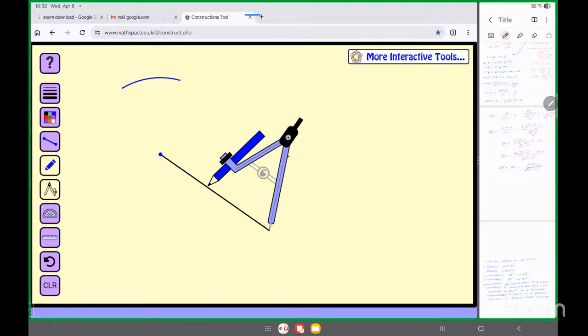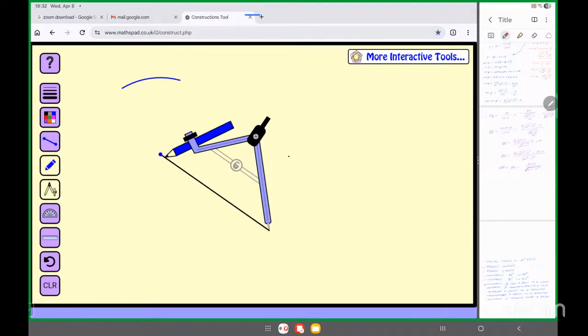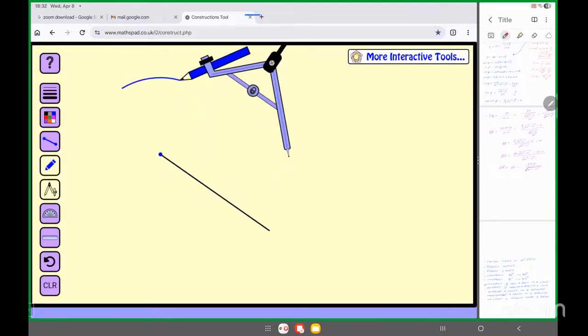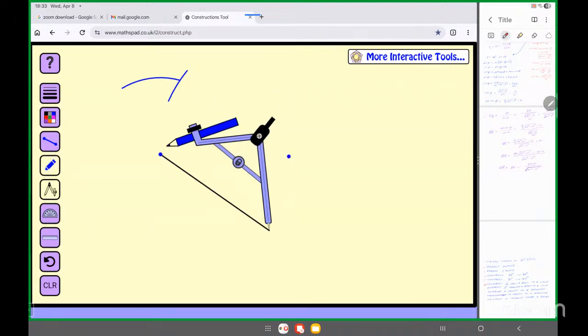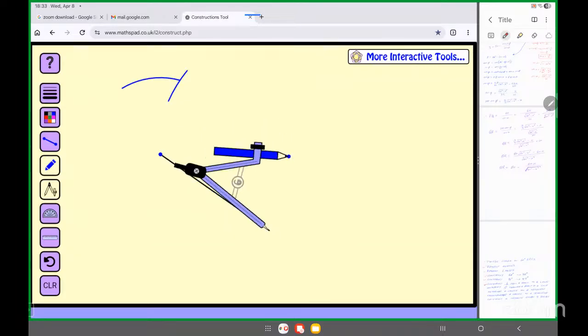So open the compass to the length of the line, lock it, then transfer that distance up here. It's just about the end of that. I need to transfer back the original length that we have over here. Transfer back this length.